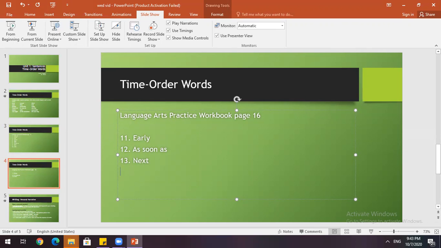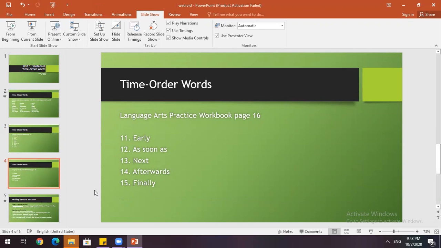Number 14, afterwards, she put the groceries in her basket and went home. And number 15, finally, she helped her family prepare chicken stew for lunch. Okay, I hope this is clear for everyone, guys. Let me know if you have any questions.